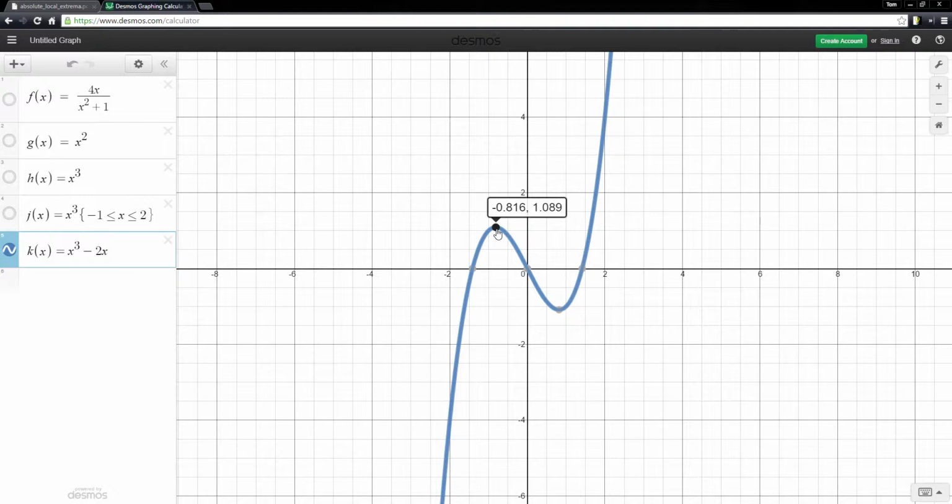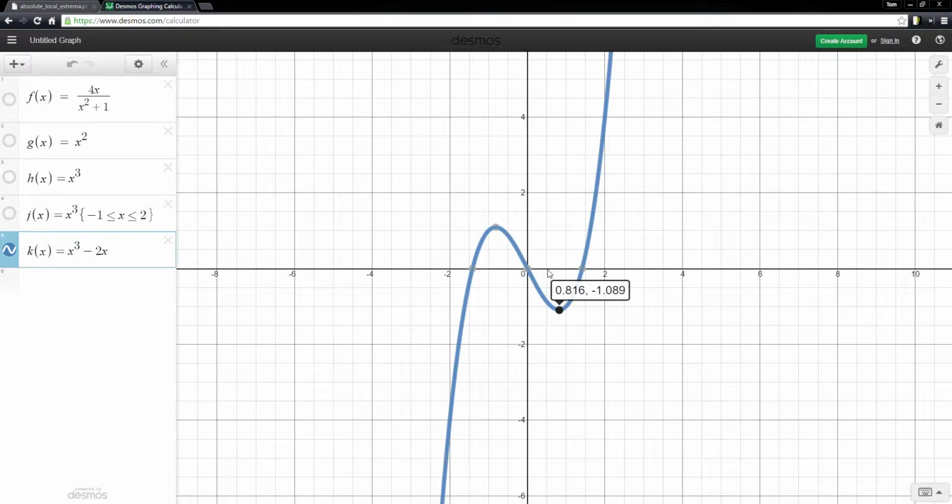And then on this one, this point right here is not the absolute minimum, because there are many points on the graph that are lower than that point. So it's not an absolute minimum.